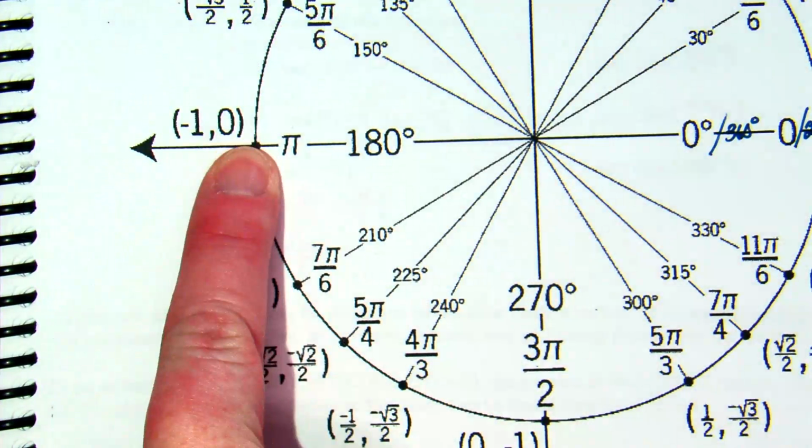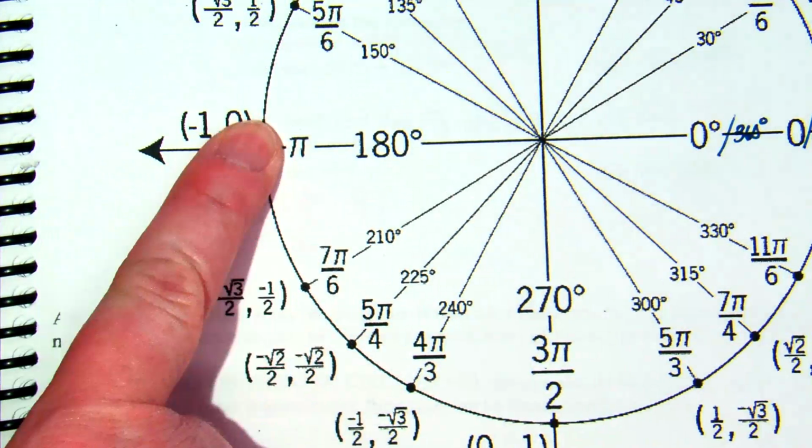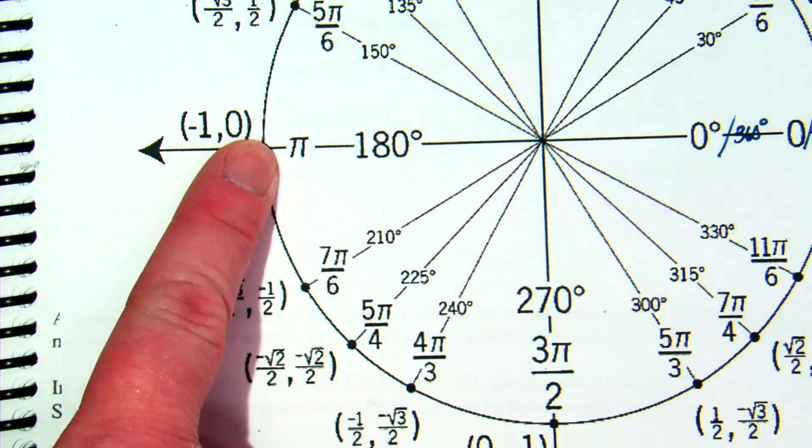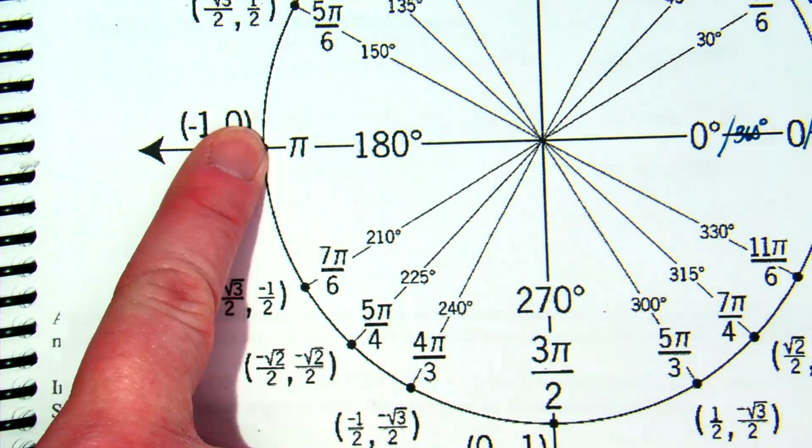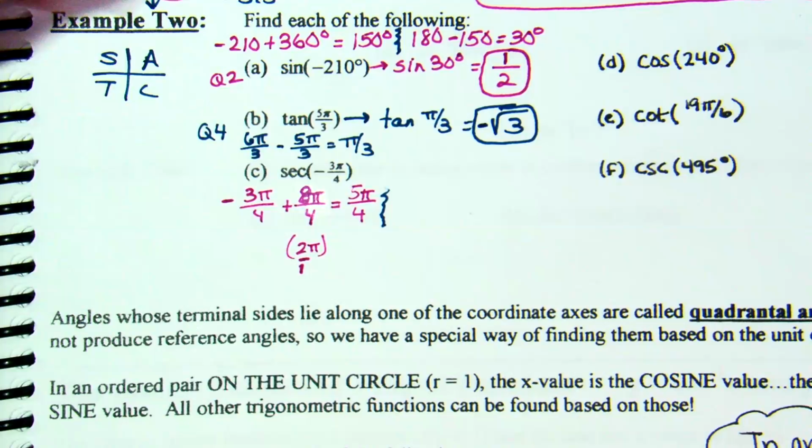5 pi over 4 is a little bit more than pi, yes? Because what is pi? What is 1 pi when we talk fourths? 1 pi is 4 fourths, right? So 5 fourths would go a little bit past our 4 fourths. In order to find our reference angle to work with, we're going to take 5 fourths and subtract 4 fourths.